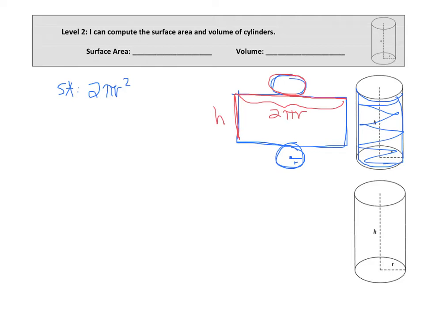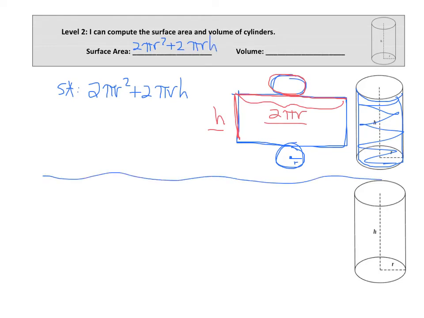So if I multiply length times width, I get 2 pi r h. So that would be the other part of the formula. And that's your formula for the surface area, 2 pi r squared plus 2 pi r h.